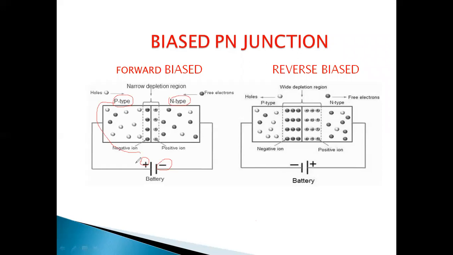As per the basic laws, like charges get repelled. The positive charges are repelled by the positive terminal. So the majority charge carriers, holes on the P side, will be repelled. Due to this repulsion, these positive charge carriers try to cross this barrier.